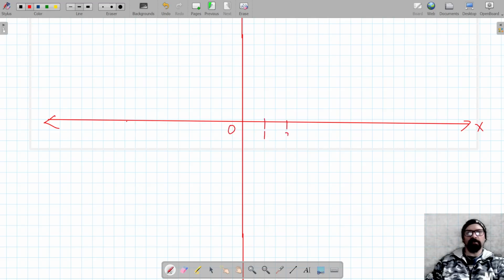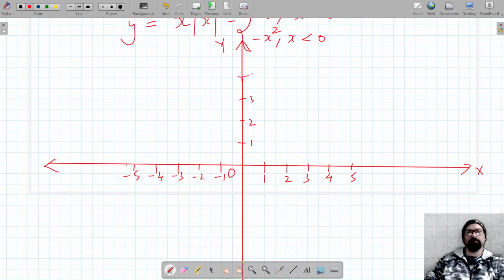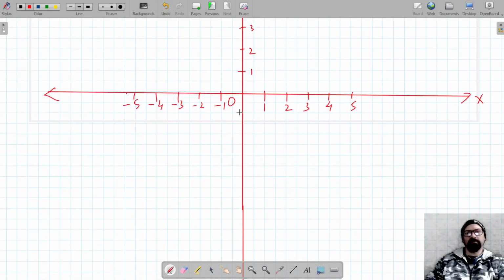These be the coordinates 1, 2, 3, 4, and 5. And these be negative 1, negative 2, negative 3, negative 4, and negative 5.